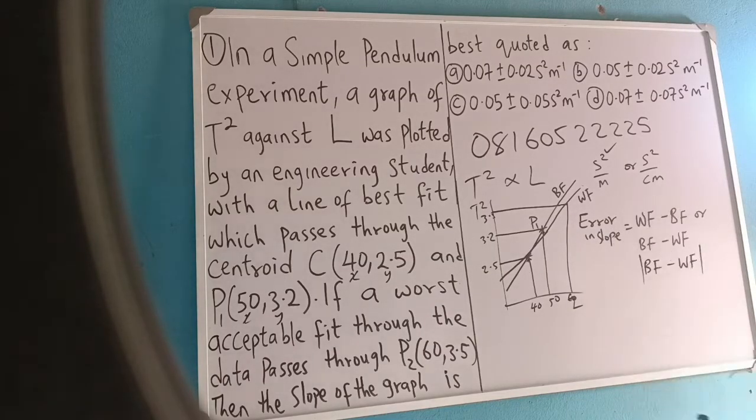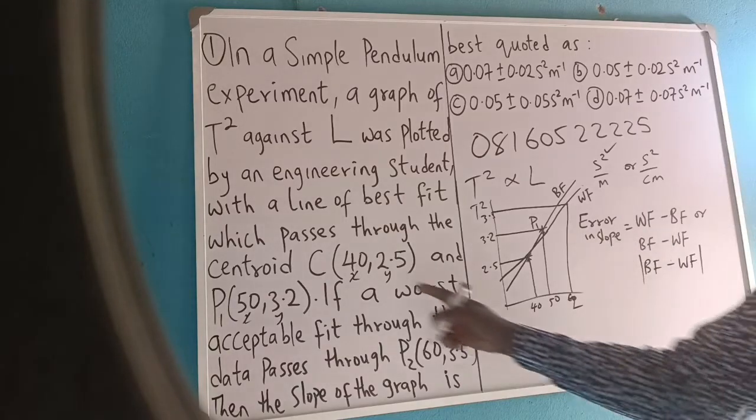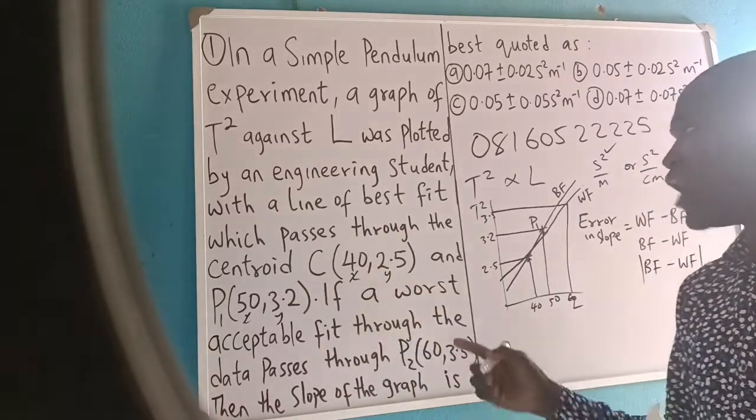Okay, then what it means is that I am to get the slope of the best fit. How do I get it?